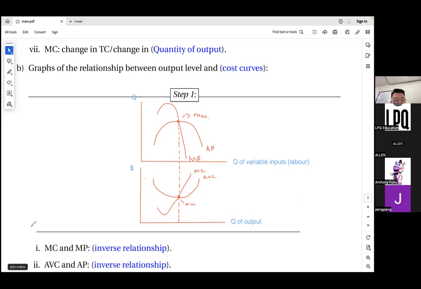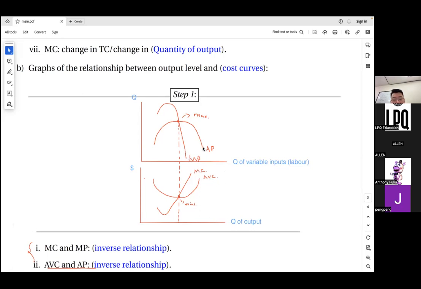Remember this. I write down here number one, number two. There's an inverse relationship between MC and MP, and there's an inverse relationship between AVC and AP. Then the question is why? This is a hard question. Why can we flip MP to get MC?